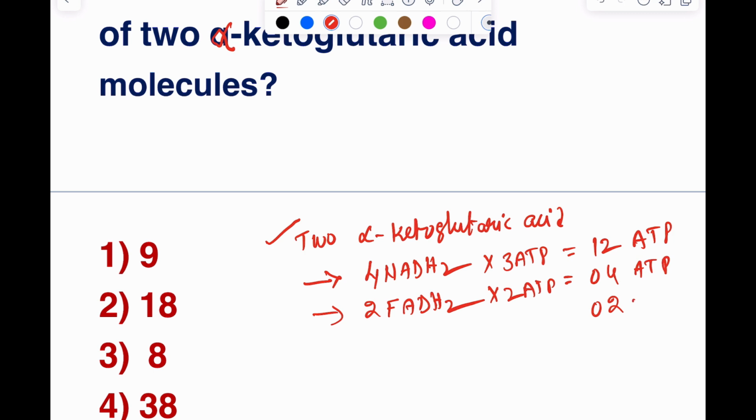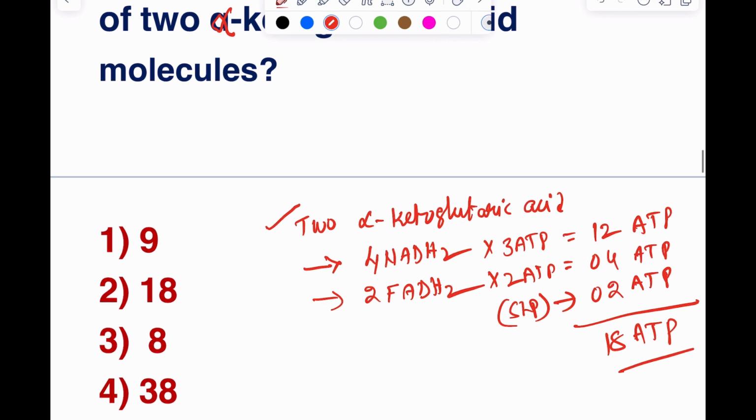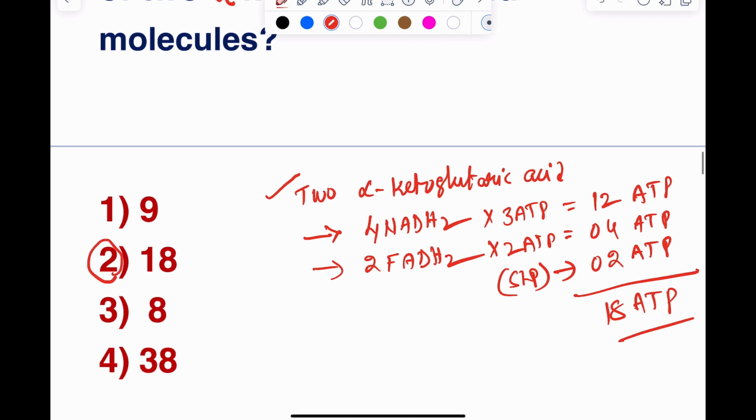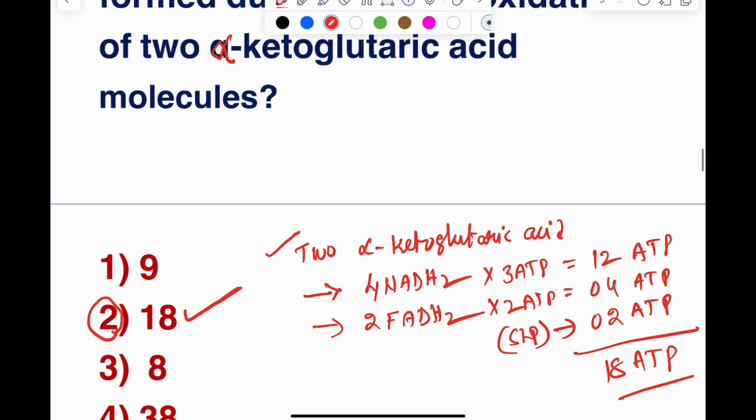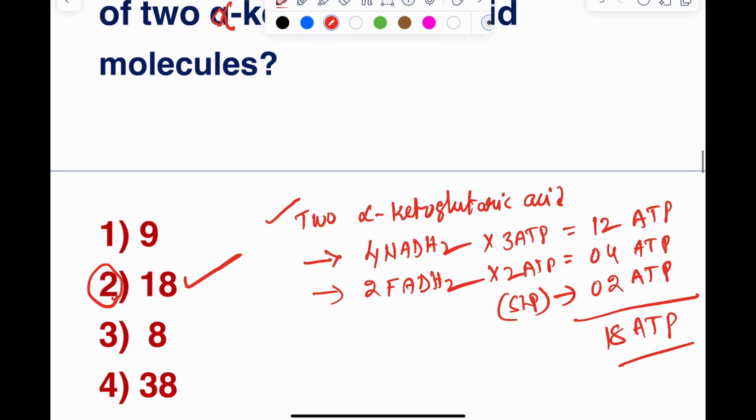Next, substrate level of phosphorylation 2 ATPs, total 18 ATP molecules. It is SLP. Total 18 molecules produced from 2 alpha ketoglutaric acid molecules in Krebs cycle. Answer will be 18.